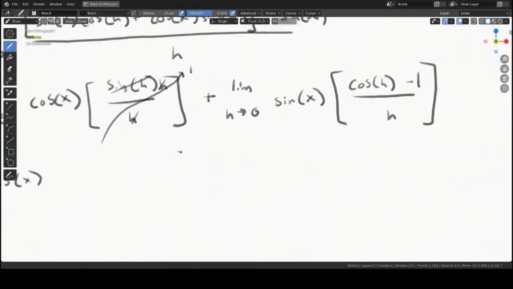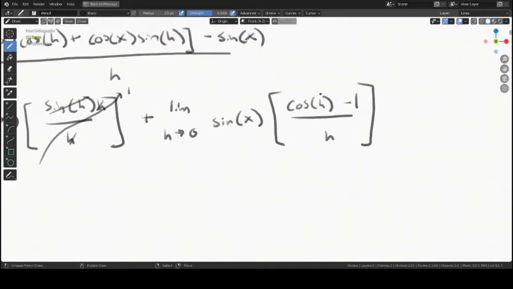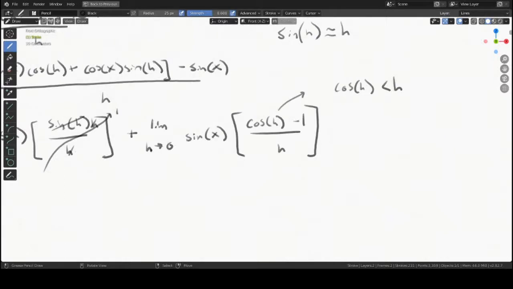So if this one goes to 1, that'll just give us cosine of x. Then let's double check this other one, cosine of h minus 1 over h. As h is going to 0, the number on top is certainly going to be smaller than whatever h is, which means the bottom is going much faster to 0 than the top is.